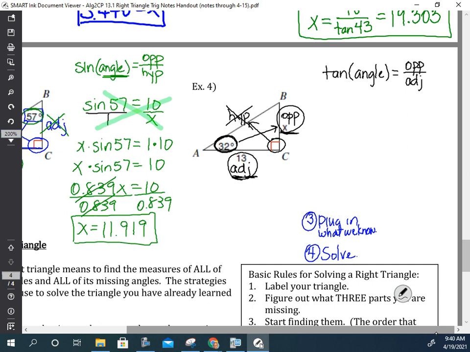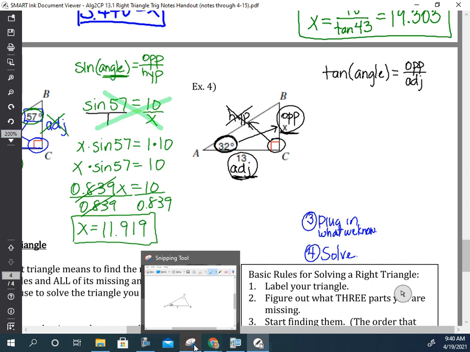Any questions? Steps 1 or 2? If not, we'll definitely keep it moving.